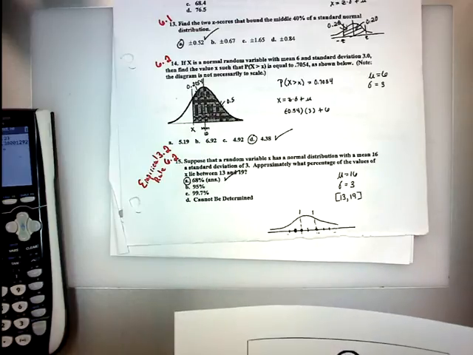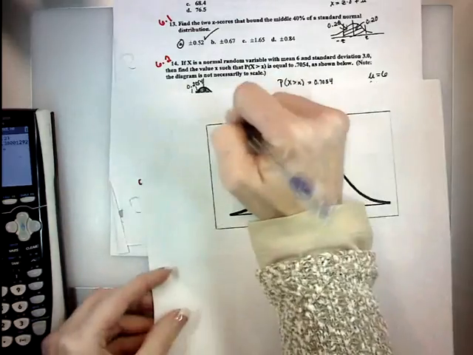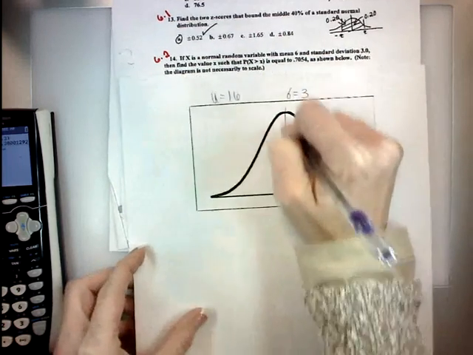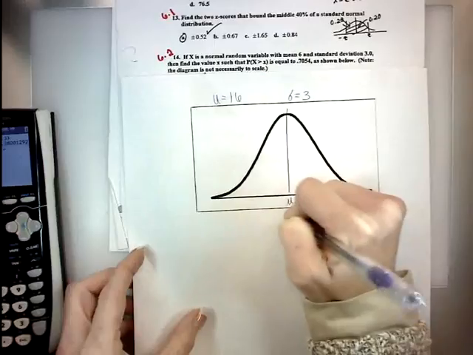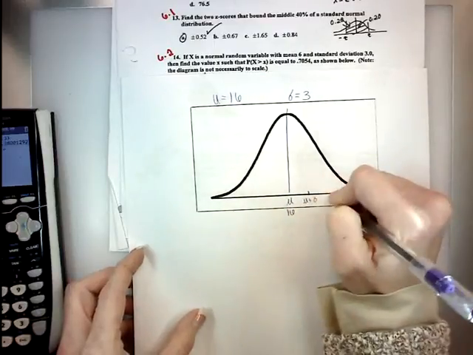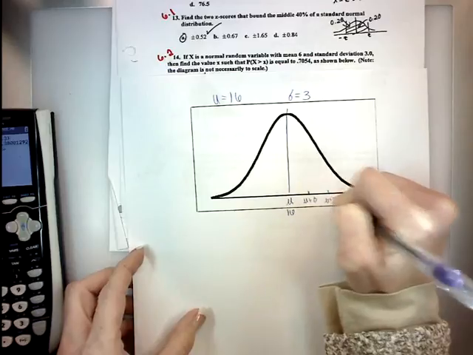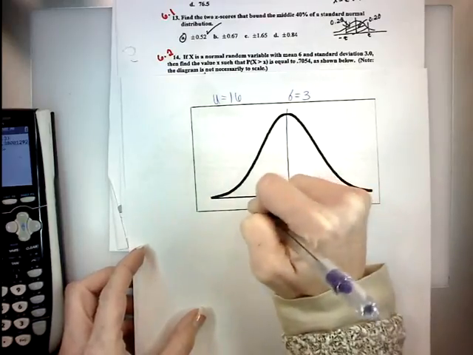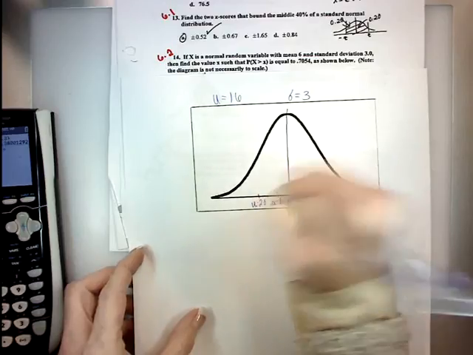The mean is 16, the standard deviation is 3. So here we go. And then mu plus sigma, mu plus 2 sigma, mu minus sigma, and mu minus 2 sigma.